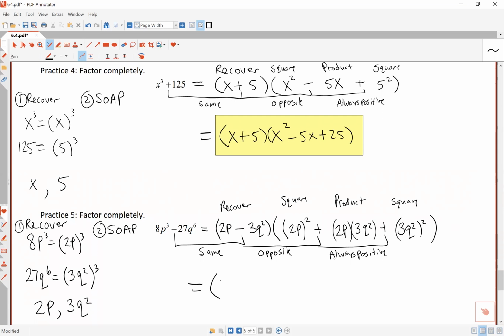The first factor, we've recovered the two pieces, 2p minus 3q squared. The second factor, 2p squared is 4p squared, plus 6pq squared, and plus 9q to the 4th.